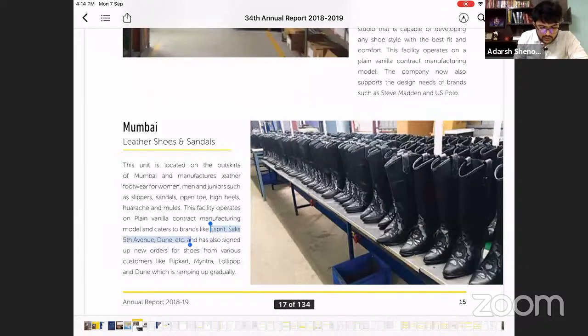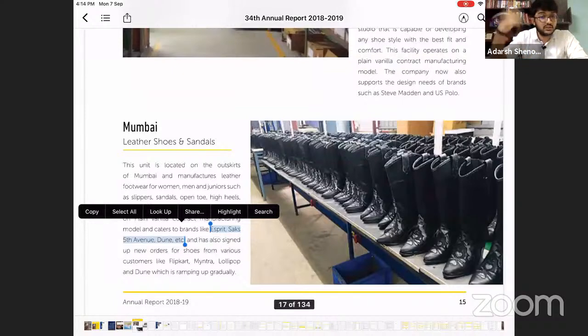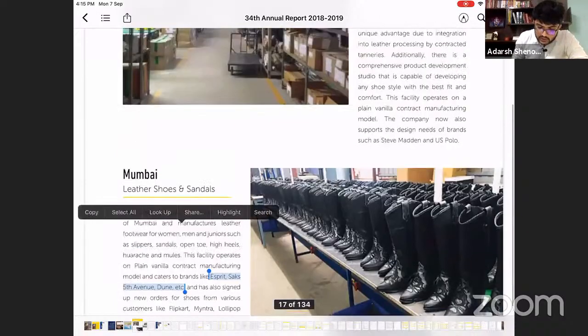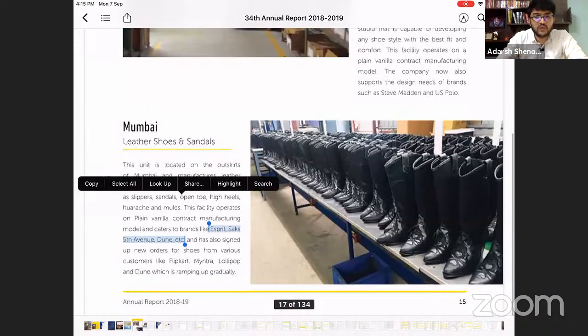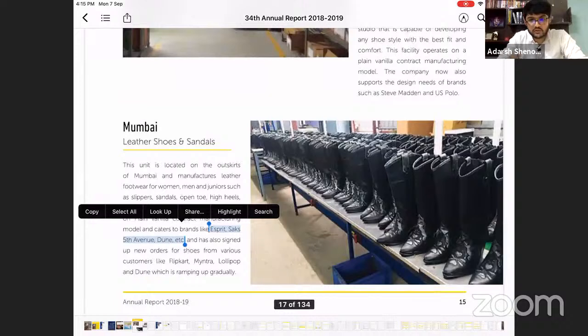These are not their brands. These are different companies, not owned by Hindustan Foods Limited. These companies come to them and tell them, you have to manufacture. It's not franchising, it is outsourcing.